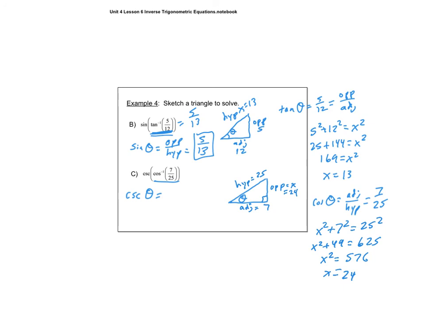Now, we know cosecant is the inverse of the sine. And sine is opposite over hypotenuse, so cosecant has to be hypotenuse over opposite. Well, my hypotenuse is 25, and my opposite is 24. So I get 25/24. So the cosecant of the inverse cosine of 7/25 is 25/24.